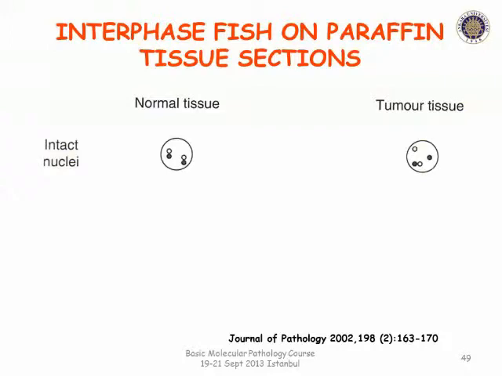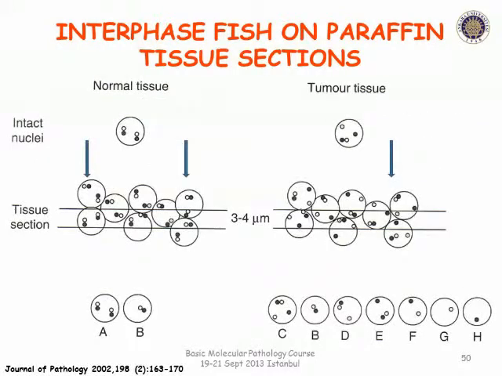When you're using cell smears, it is easy to get intact nuclei. So the signals coming from smears or cytology specimens are much easier to read. But when you're working with tissue sections, you have another difficulty: on a tissue section you may not see all the nuclei of every cell.